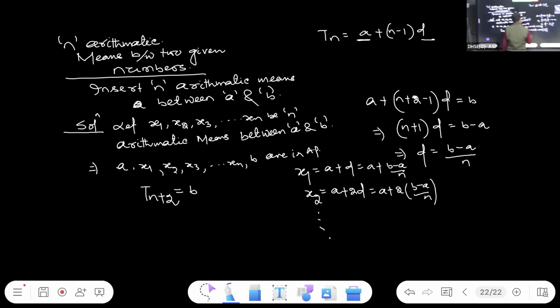And xn will be A plus n D, not n minus 1. A plus n D is equal to A plus n into B minus A upon n plus 1.